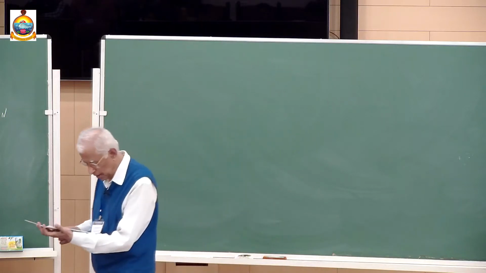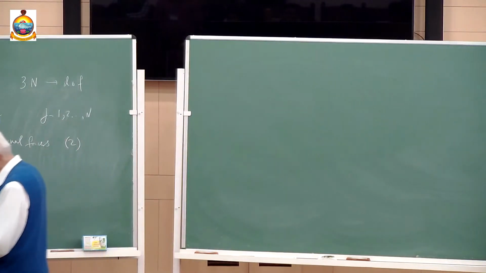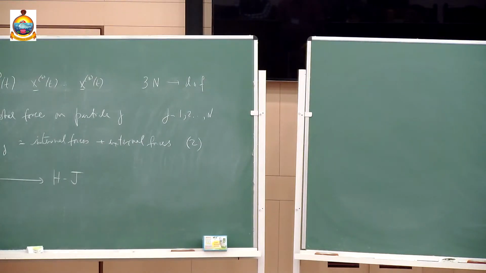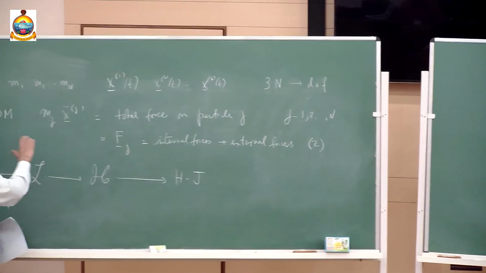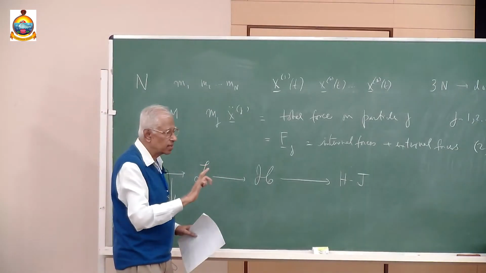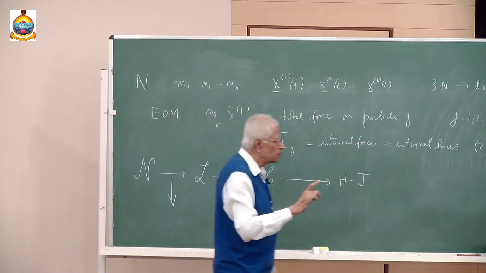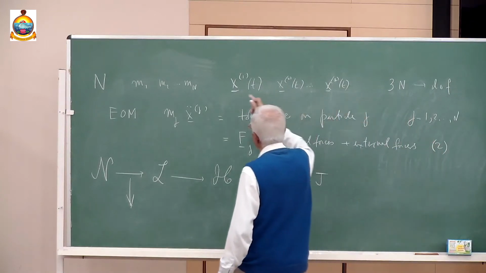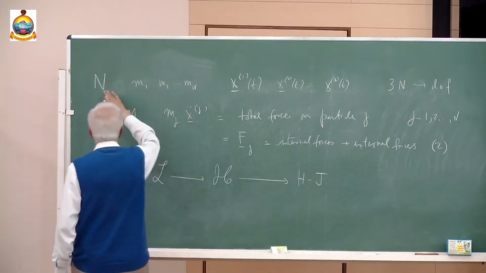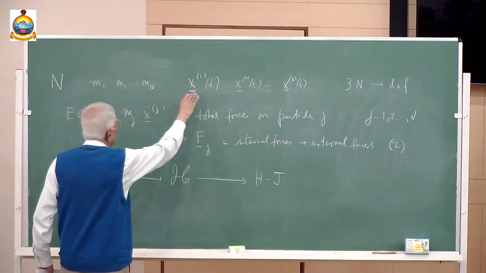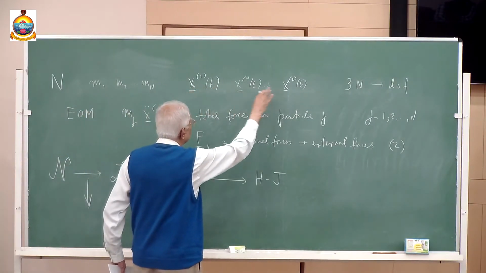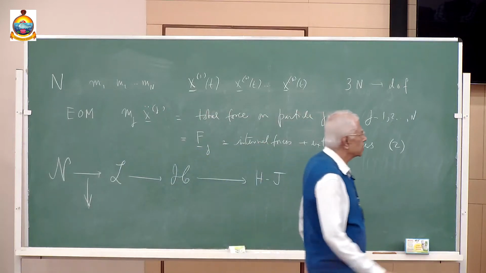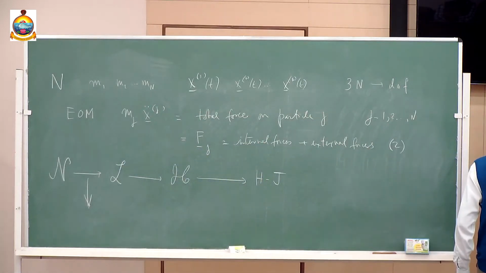Okay, very good. So there are two important motivations for rewriting the Newtonian equations of motion in a more flexible form. The first motivation is that there may be constraints on the coordinates, on the vector position variables of this system of n particles.